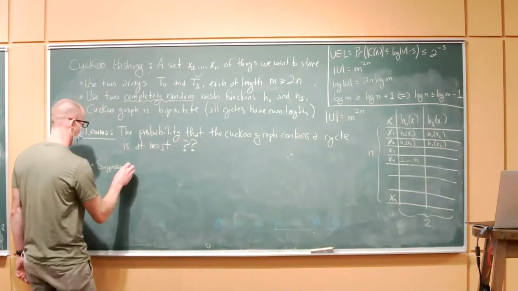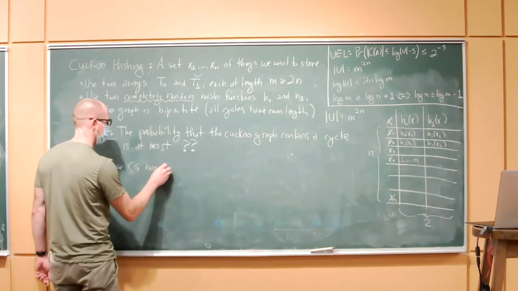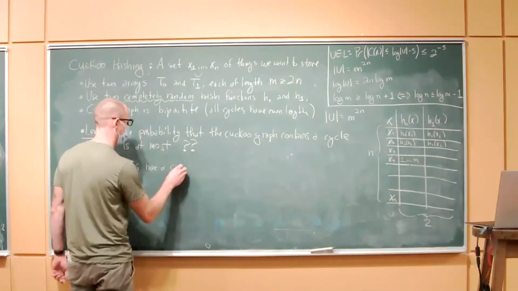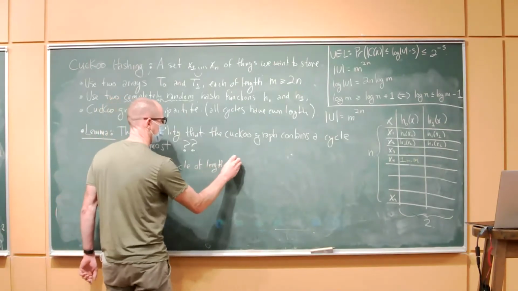Okay, so suppose the Cuckoo graph has a cycle of length 2a.